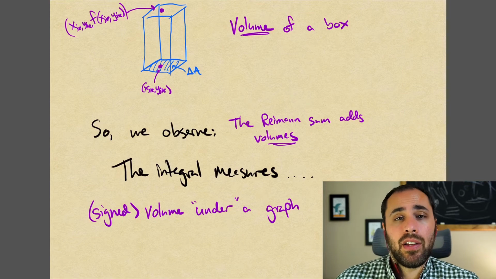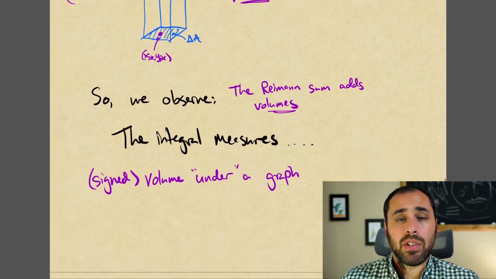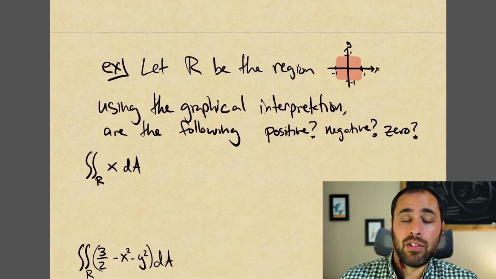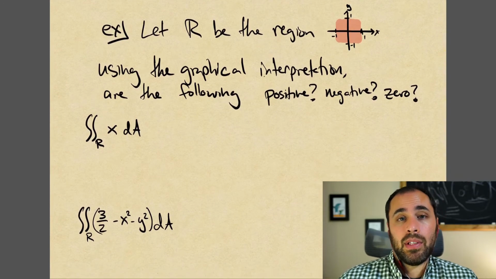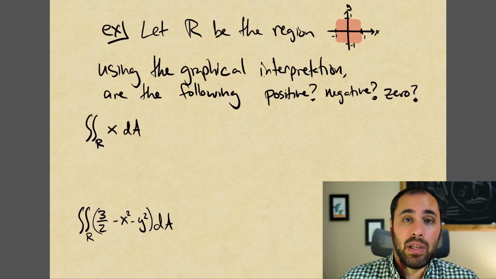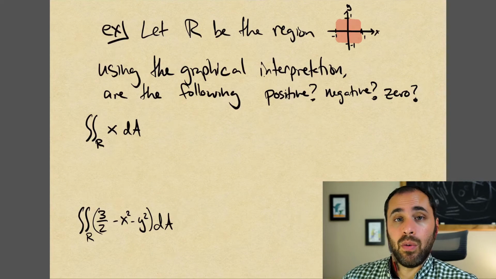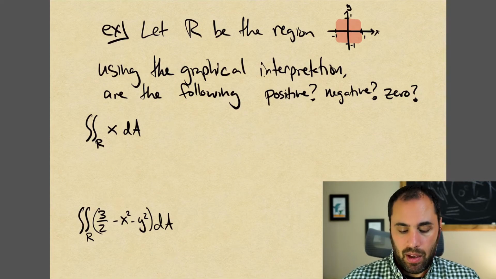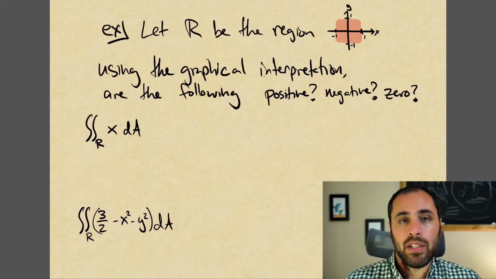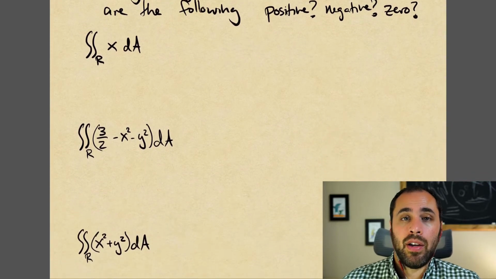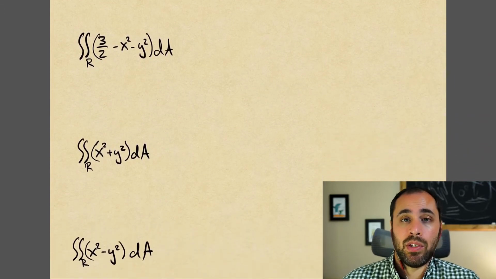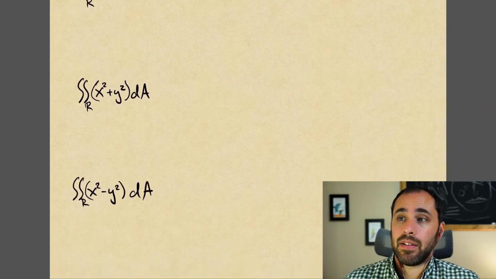Now, let's look at a few other examples. We won't actually take the integrals to evaluate them, but let's decide if the integrals should be positive, negative, or 0. So for all of these, we'll let this region R be a square that goes from -1 to 1 in both the x and the y directions.